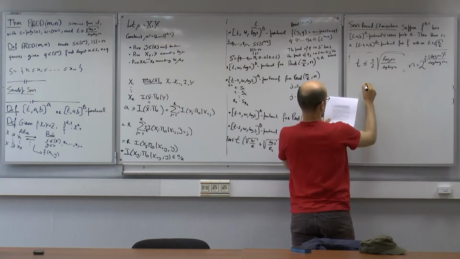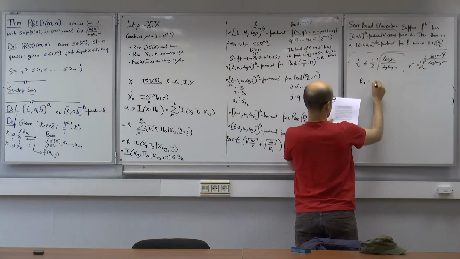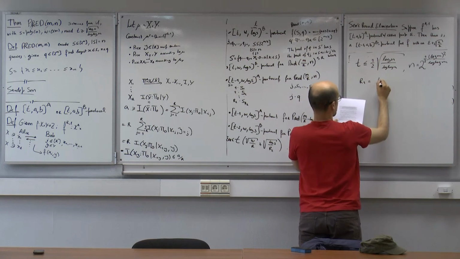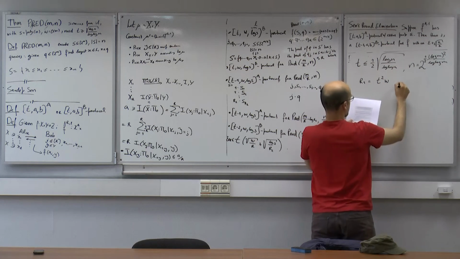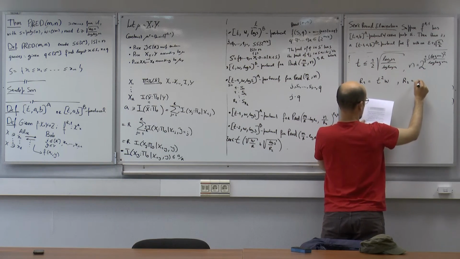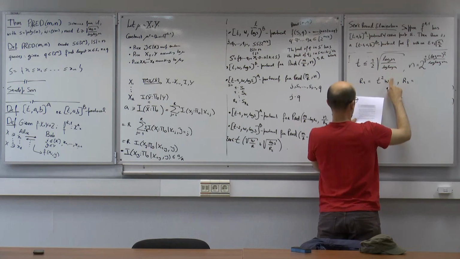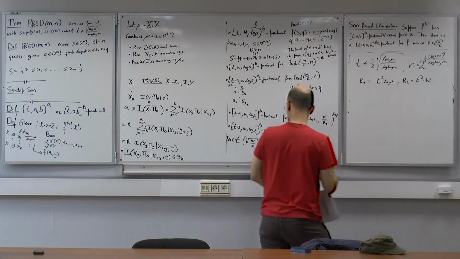And then you choose R1 to be something like T squared times log S, and R2 to be T squared times W. Does that make sense?